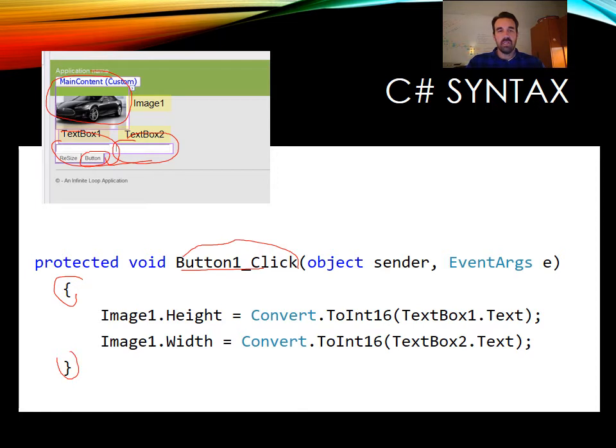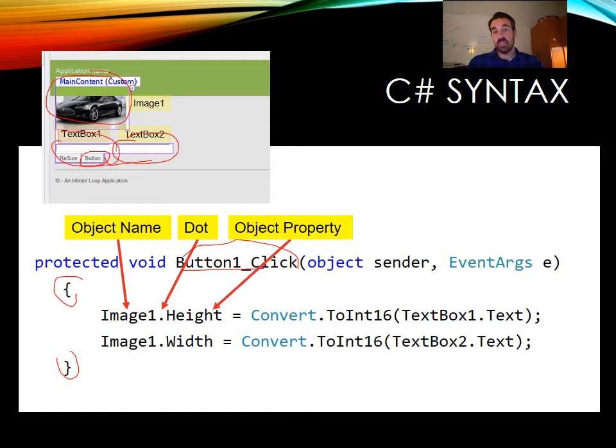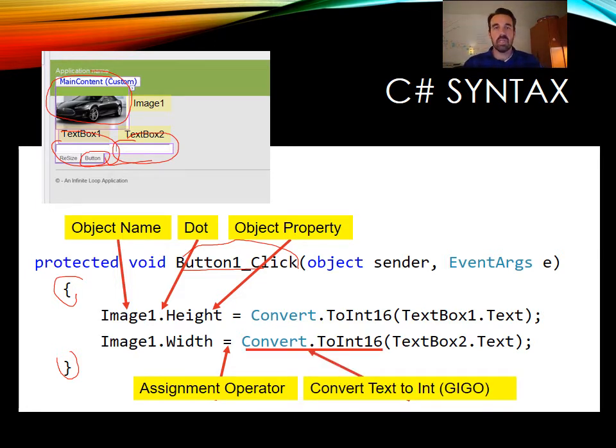The code here is the object that we want to change, so it's the object name, followed by a dot, followed by the property of that object that we want to change, followed by the assignment operator, which is the equal sign. On the right side, we want to run a convert of whatever is in the text box, which is coming in as text, or a string. We need to get that into a numeric value so it can fit the data type that the height and width properties are expecting.